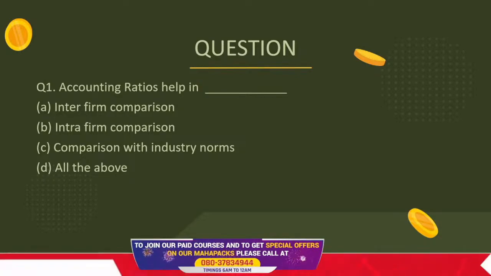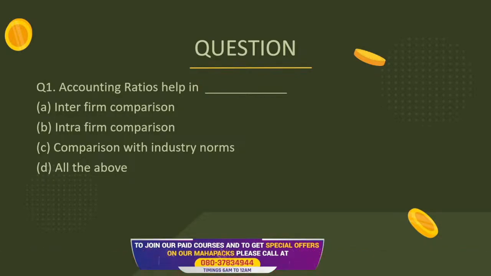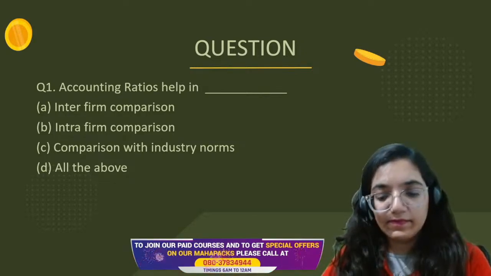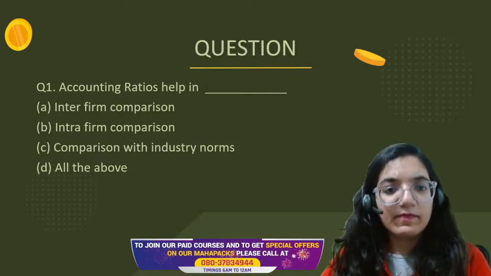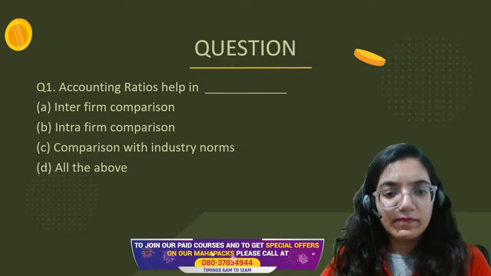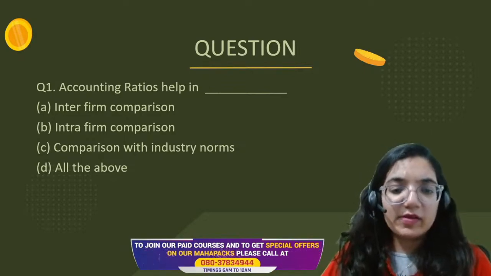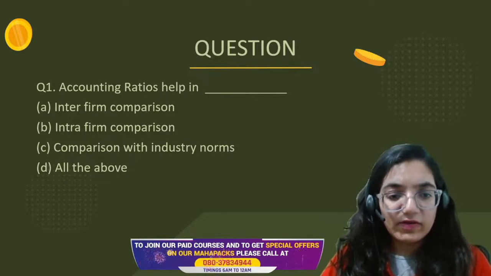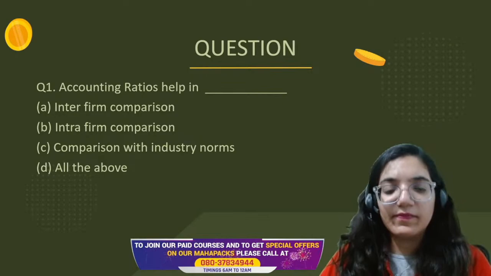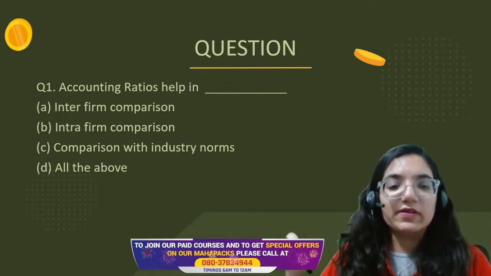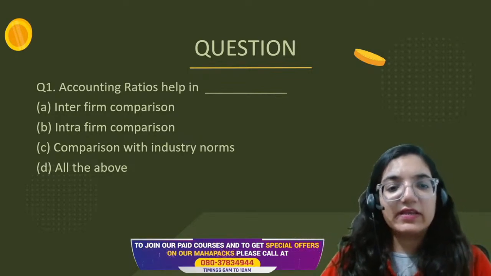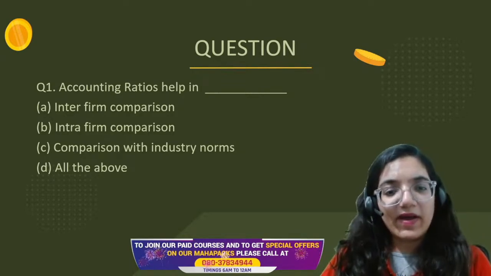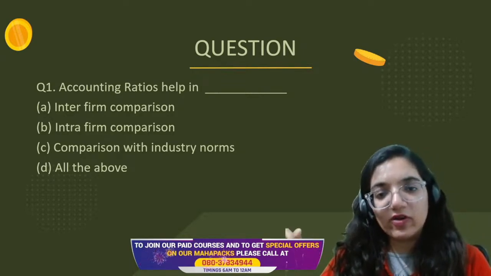The basic purpose of accounting ratios is that it is a part of the inter-firm comparison. It is basically intra-firm or comparison within the industry norms or all of the above.